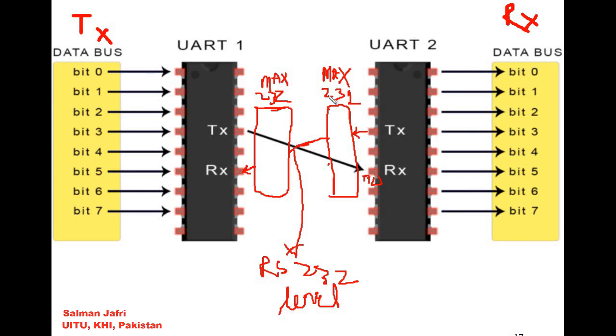And on the receiver side, the MAX232 would convert the shifted signal back to the TTL level signals for the UART2 to understand. So this was the idea, right? Now of course, since we would be using the USB, this MAX232 would be necessary.